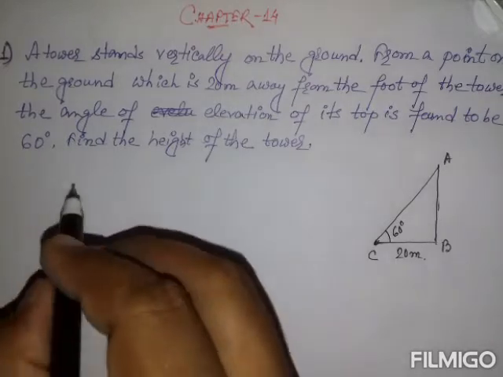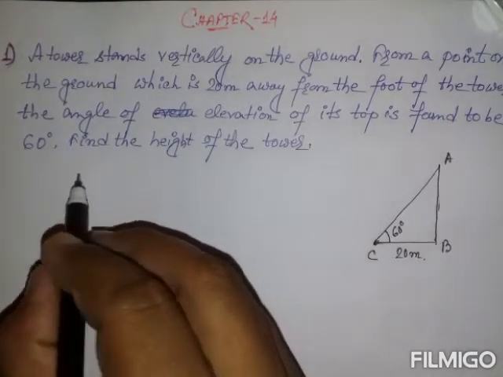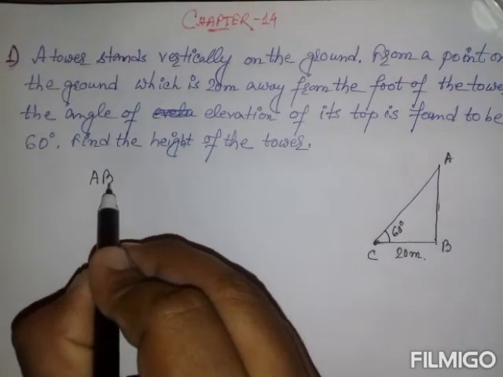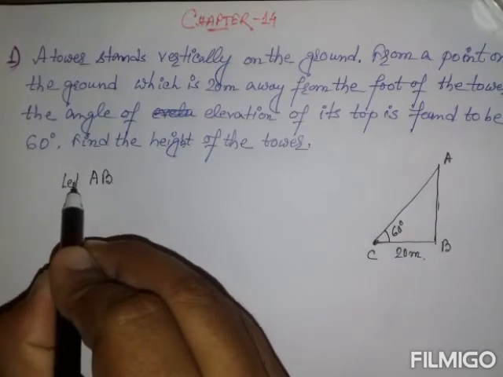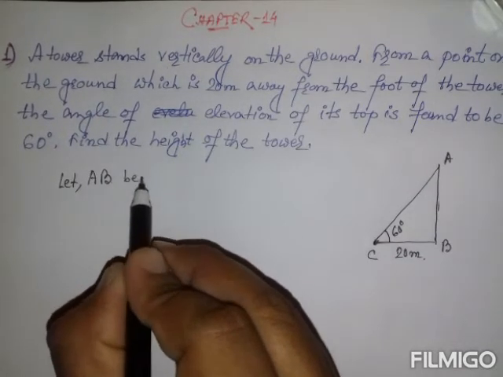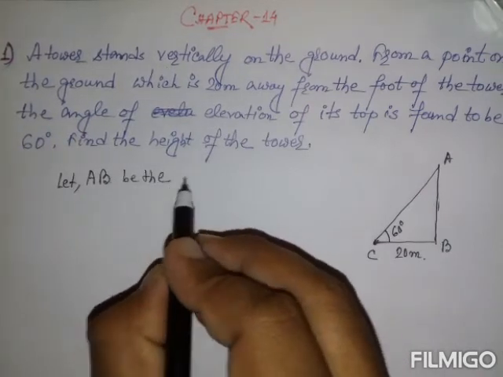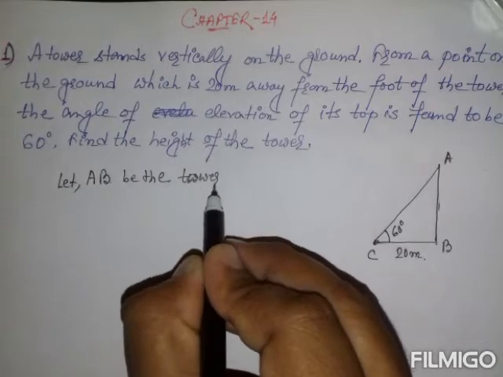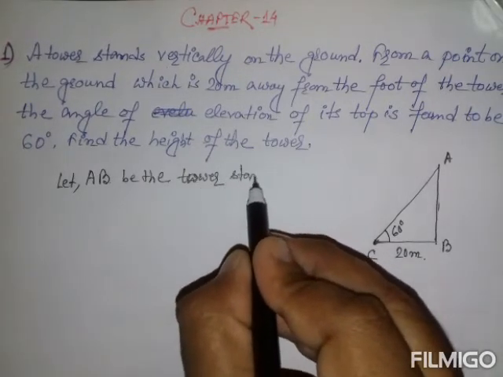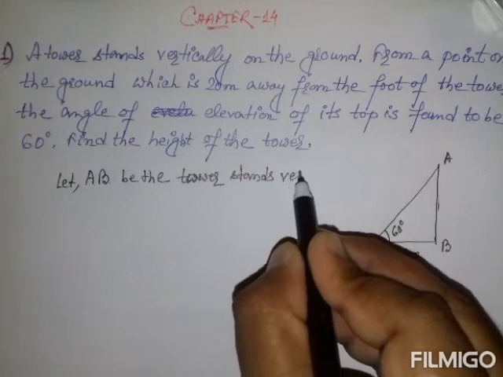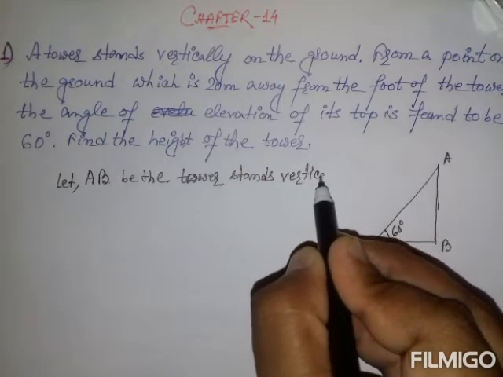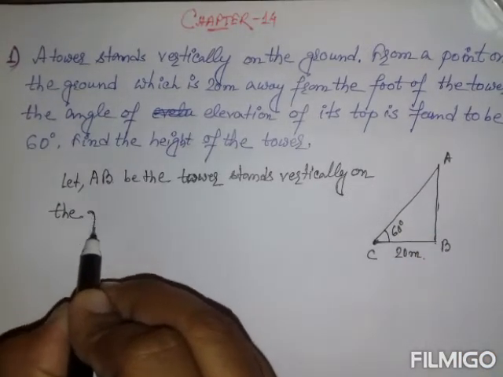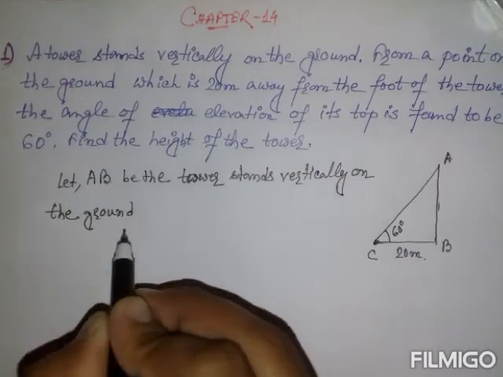Very easy. We know, let AB be the tower standing vertically on the ground.